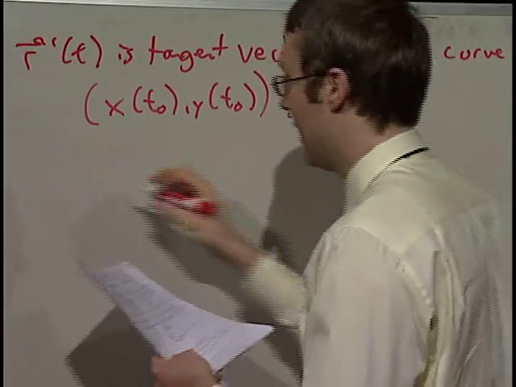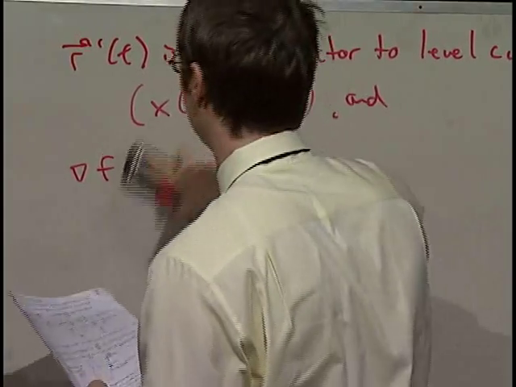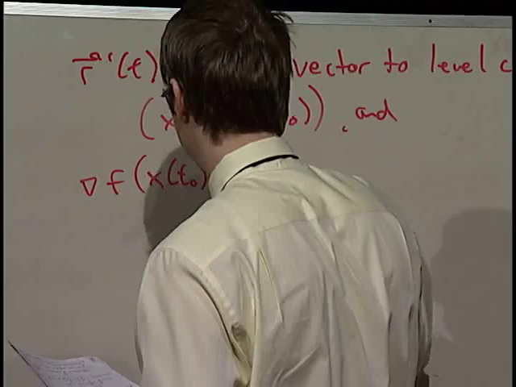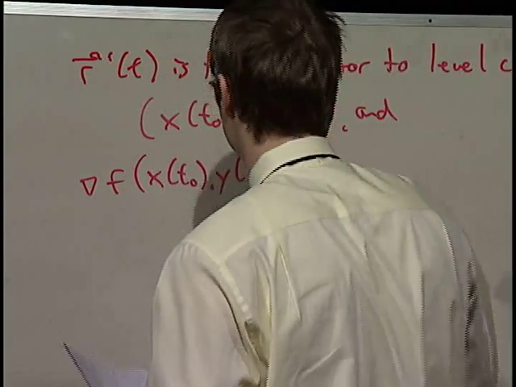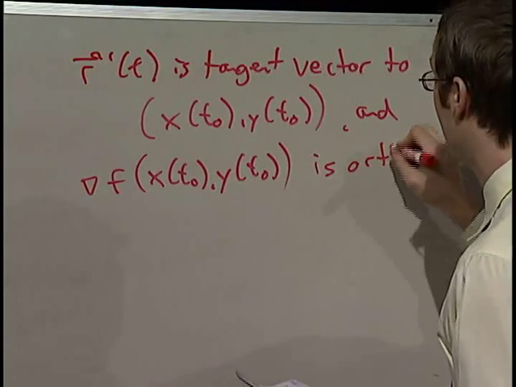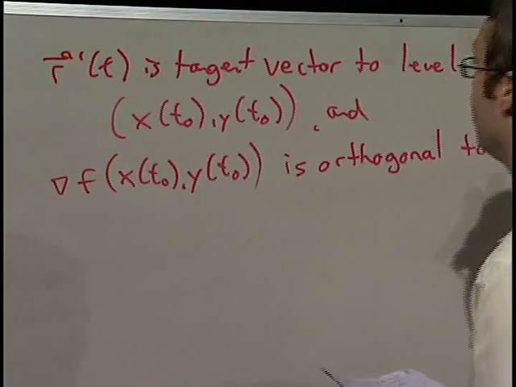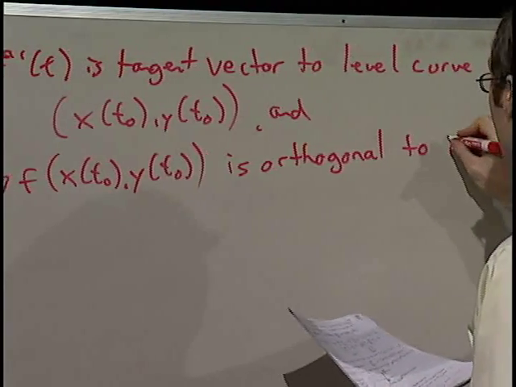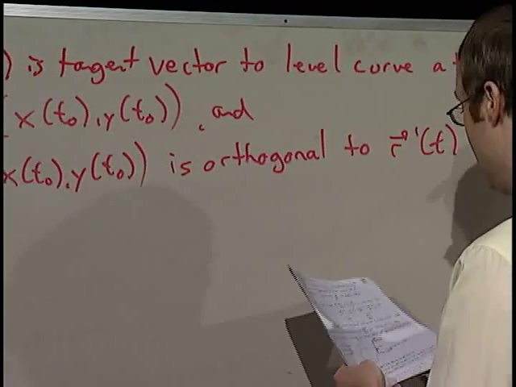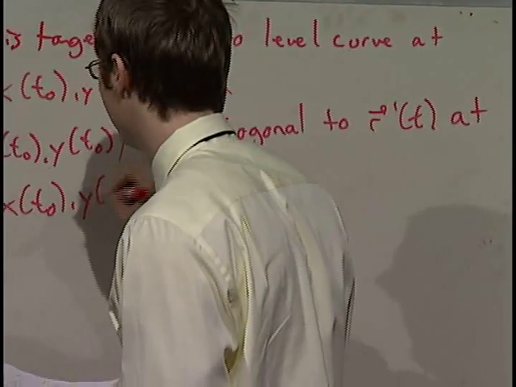And the gradient at that point. So it's a lot of points here, but don't let it confuse you. So grad f at that point is orthogonal to r prime of t at the point x of t naught, y of t naught.